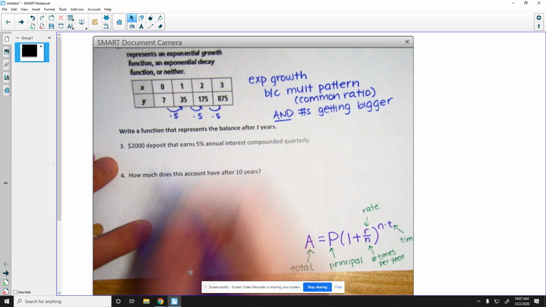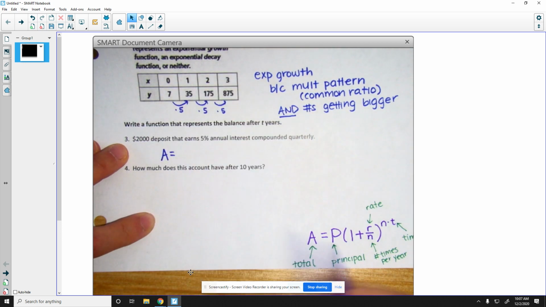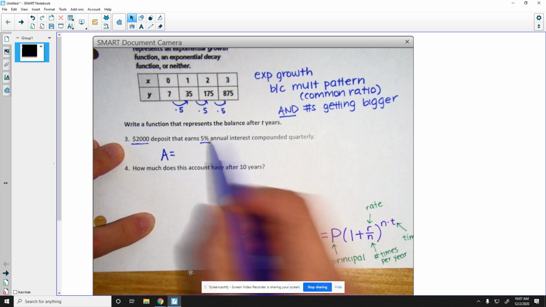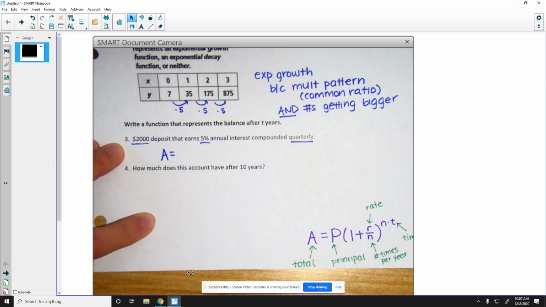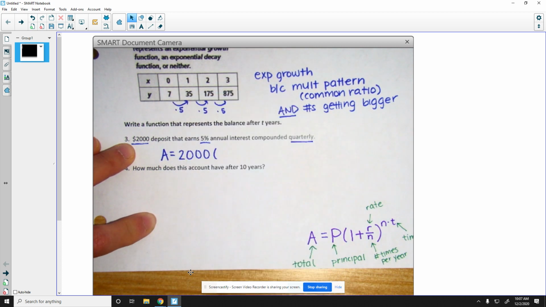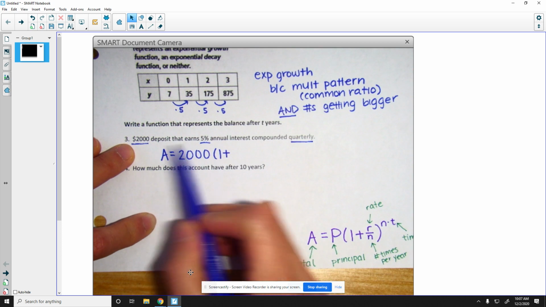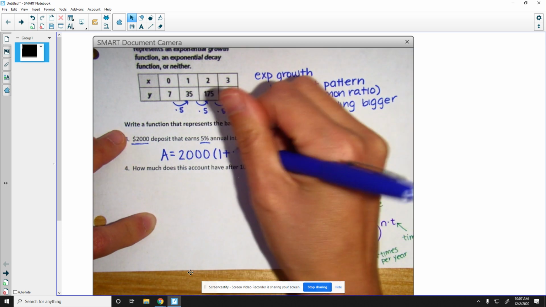All right. So I have number 3, A equals P. What number is P? 2000. That's my principal. That's how much I started off with. Parentheses, 1 plus R. What is R? 0.05.